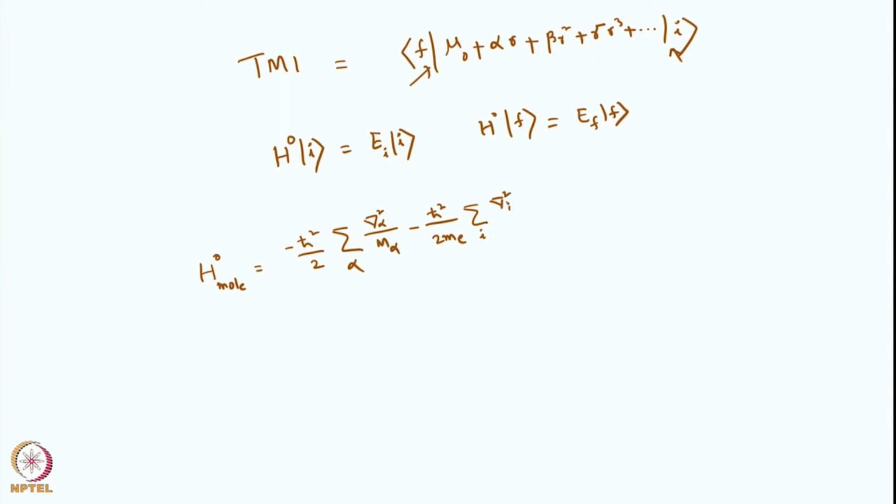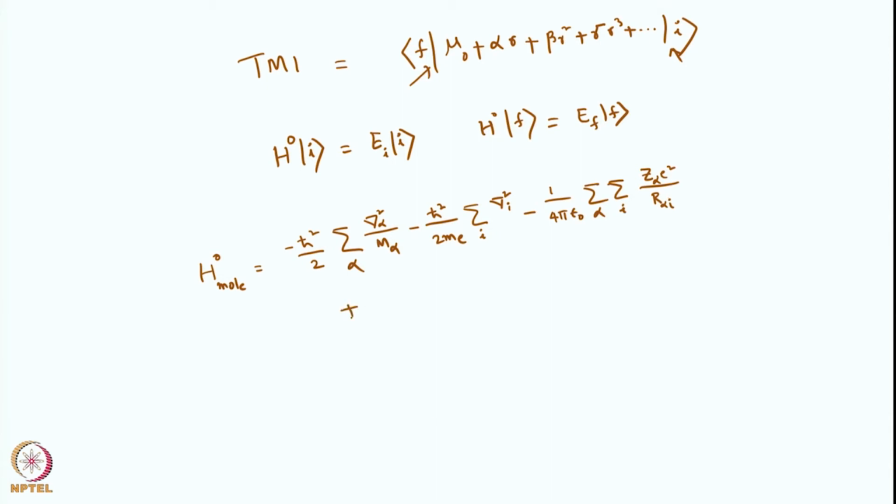So, the kinetic energy of all the electrons, minus the attraction between the nucleus and all the electrons. So, this will be 1 by 4 pi epsilon naught sum over alpha sum over i z alpha e square by r alpha i, that is the distance between the electron and the nucleus.